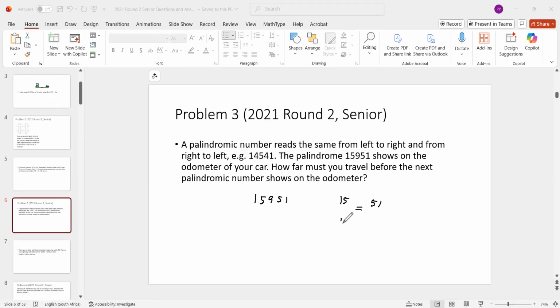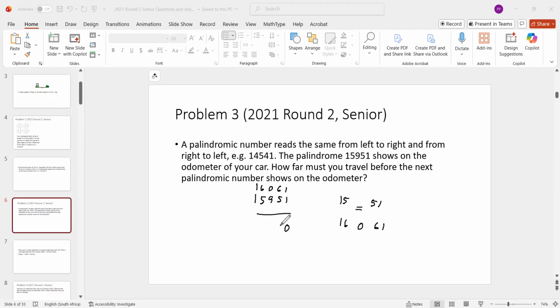So the next one should be starting with 16, and it's a palindrome. The very first one would be 16,061, because they ask you what is the next palindrome. The one after that is 16,161, 16,262, and so on. This is the earliest. And the question is, how far must you travel to get to that number?